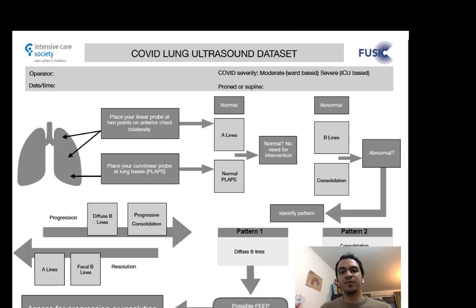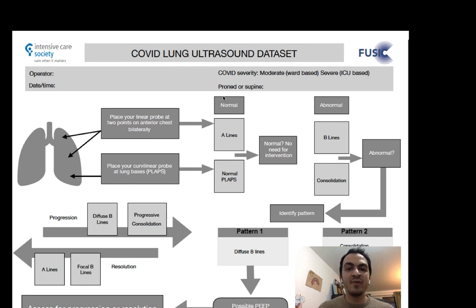And this is a useful data set developed recently by the Intensive Care Society to categorize and consider the different management protocols for patients with COVID-19, pneumonia, and ARDS by looking at several points of the lungs, placing your linear probe at 2 points anteriorly bilaterally across the chest, and place your curvilinear probe at the PLAPS point posteriorly and looking for any abnormalities.